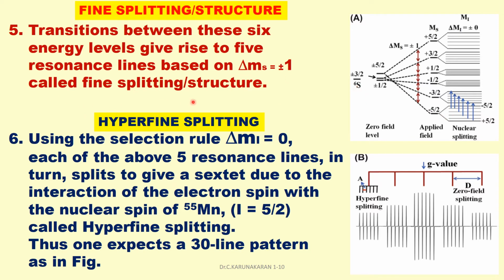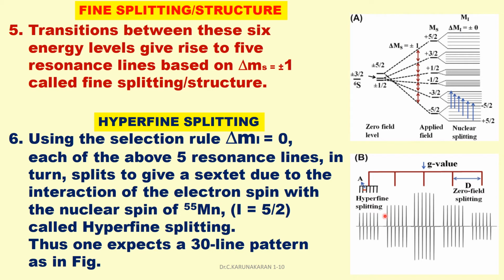Okay. Now let us see what is called hyperfine splitting. There are 1, 2, 3, 4, 5 lines. Zero field splitting is obtained from this. Each one of the 5 resonance lines further splits into 1, 2, 3, 4, 5, 6, a sextet, due to the interaction of electron spin with the nuclear spin of Mn55, I equal to 5 by 2.